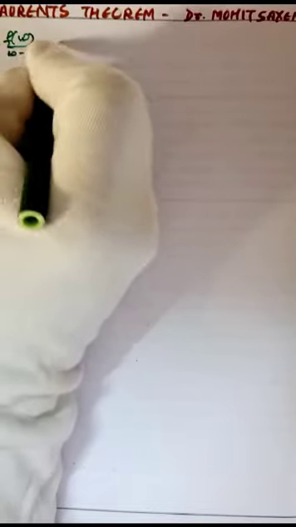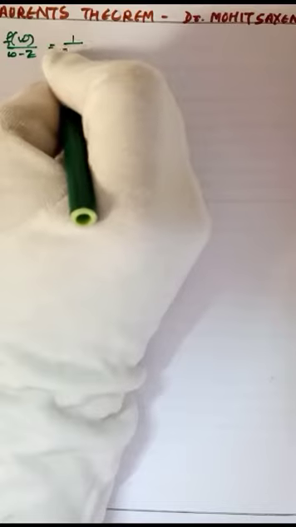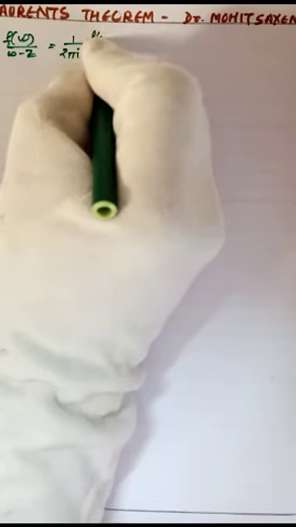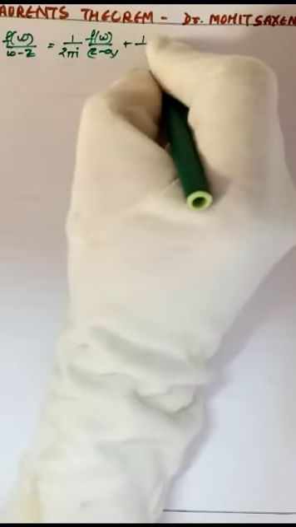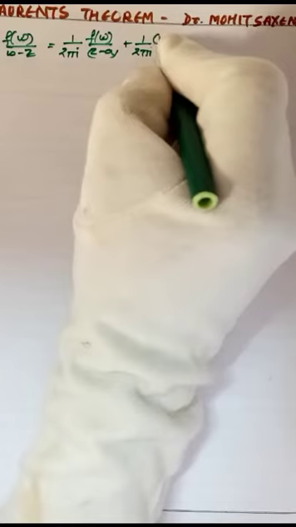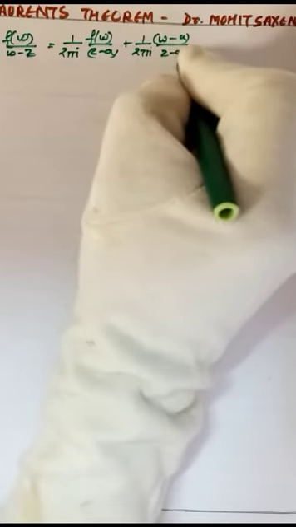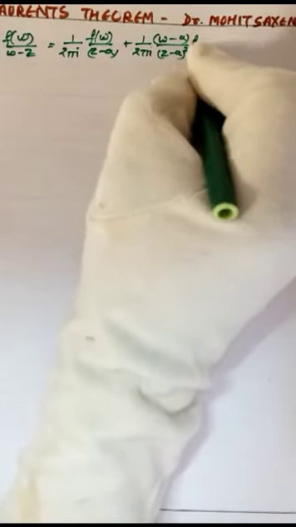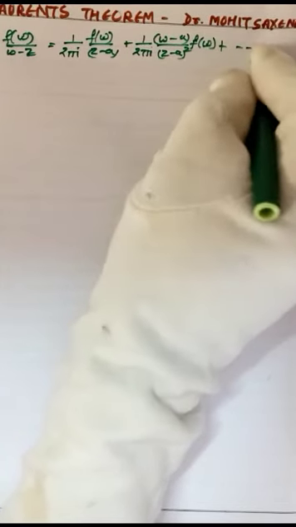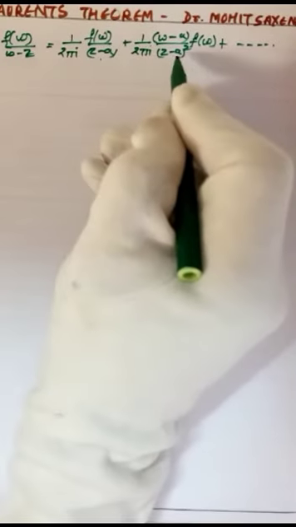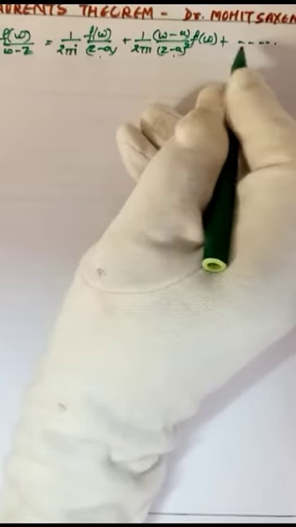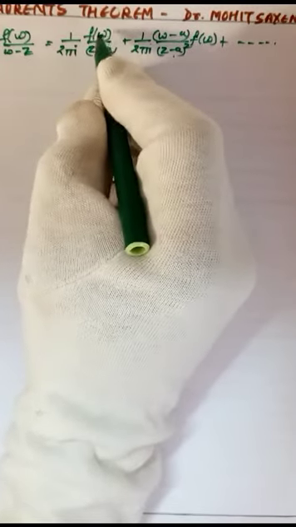Minus 1 upon 2 pi i f of w upon w minus z is equal to minus 1 upon 2 pi i f of w upon z minus a plus 1 upon 2 pi i (w minus a) upon (z minus a) whole square f of w plus dot dot dot. Now we can take this (z minus a) square etc. outside of the respective term.